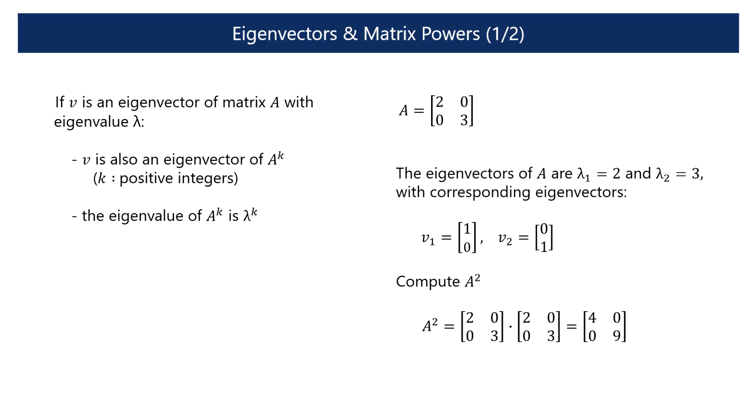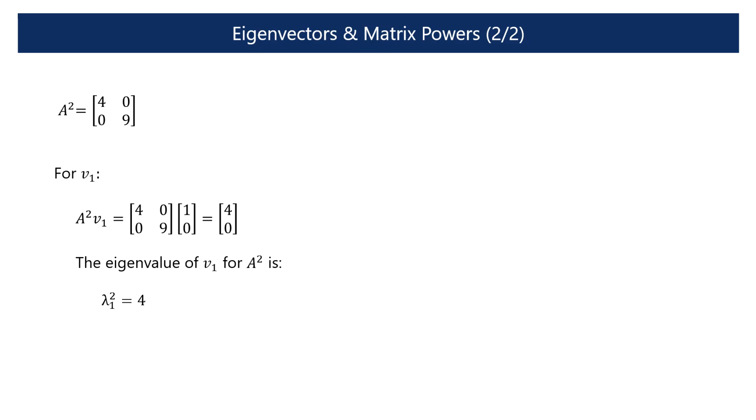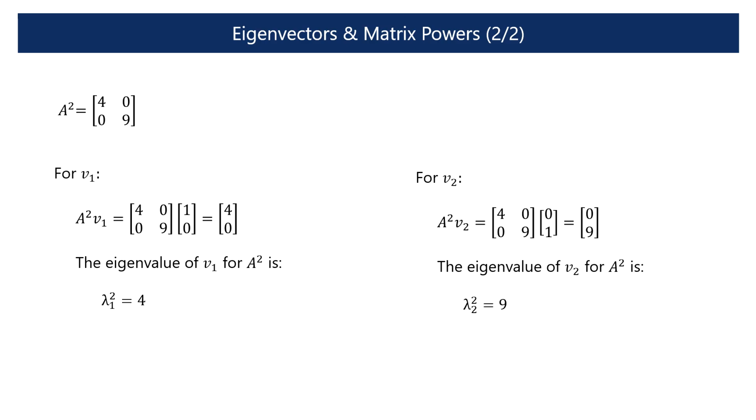Next, compute the square of A. Let's continue with the square of A. The eigenvalue of v1 for the square of A can be obtained in this way. It is 4. For v2, we can obtain the eigenvalue in a similar way. It is 9.